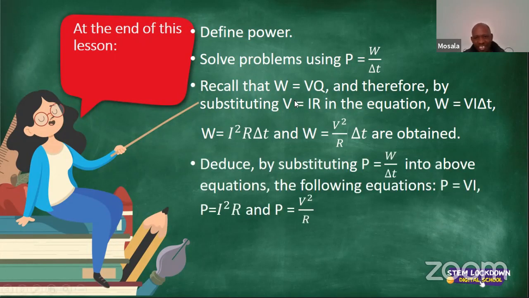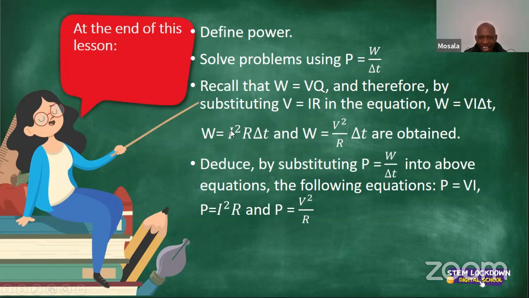Try to substitute here what they've done. In W equals VIT, instead of I here, they've substituted I, which equals V over R. Then they got V squared over R. And then here you're having W equals VI delta T. So instead of V, you substituted IR.